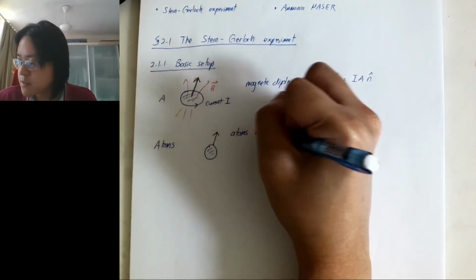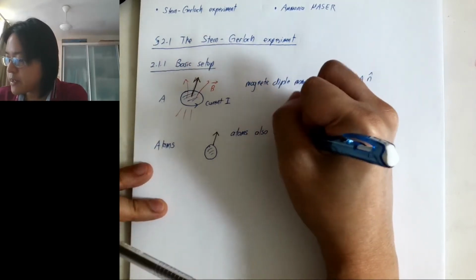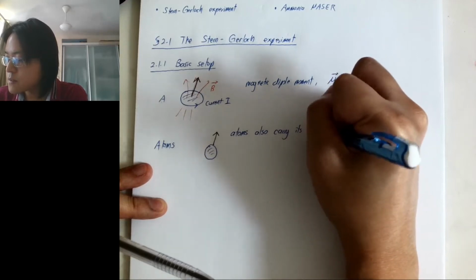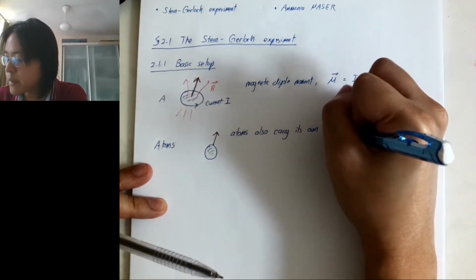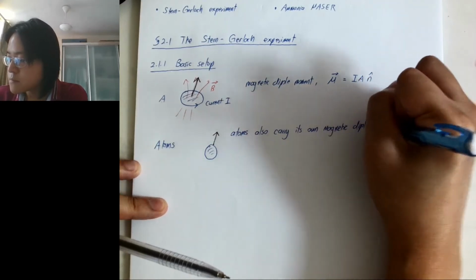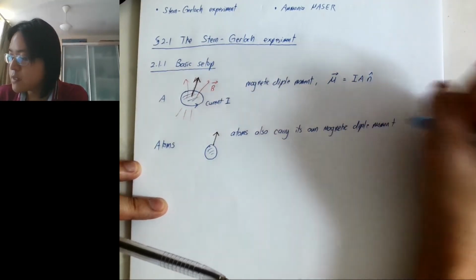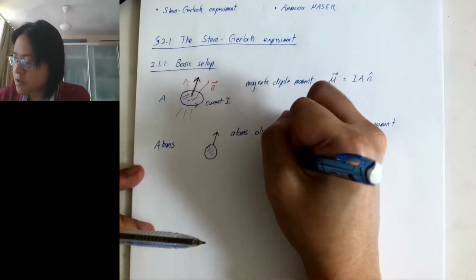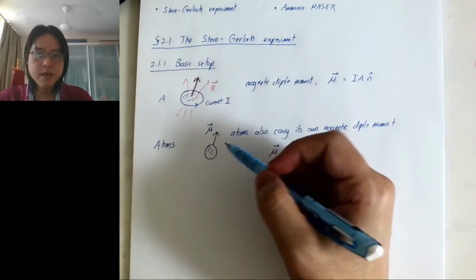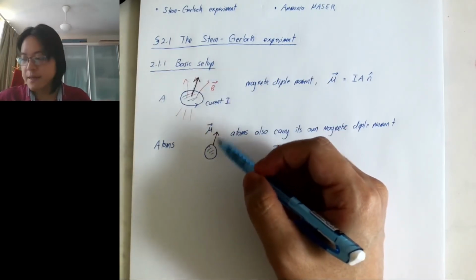Okay, so let me write it down here. Also carry its own dipole moment, magnetic dipole moment. Let's just call this vector mu because it is some vector, so it's going to have some direction and some magnitude.